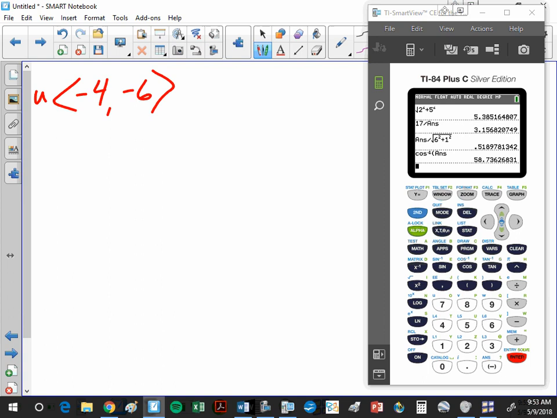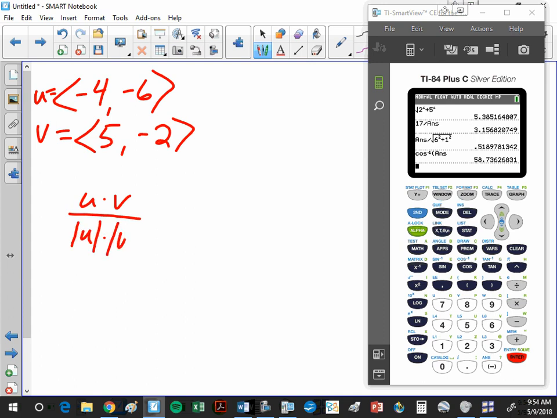Okay, what if I had -4, -6, and then v was, oh, I don't know, 5, -2. What is the angle between those? Well, I need to find u dot v divided by the magnitude of u and the magnitude of v.